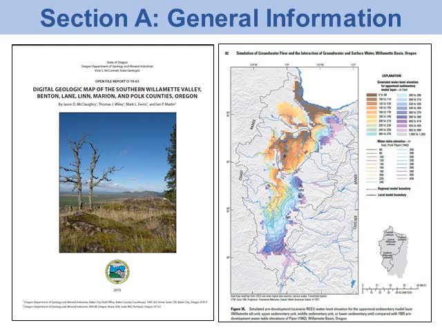In this case, these are examples of a DOGAMI report with detailed geologic mapping for a few counties of the southern Willamette Valley, as well as an example on the right here of a cooperative study that we conducted with the USGS to define the hydrogeologic framework of the Willamette Valley, a 2005 report.